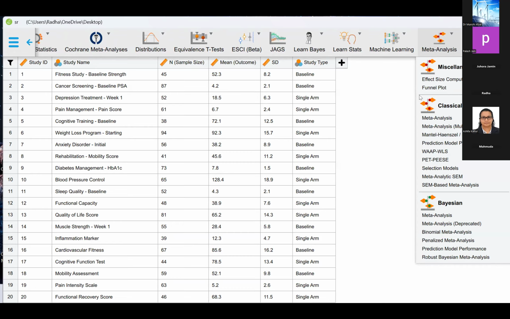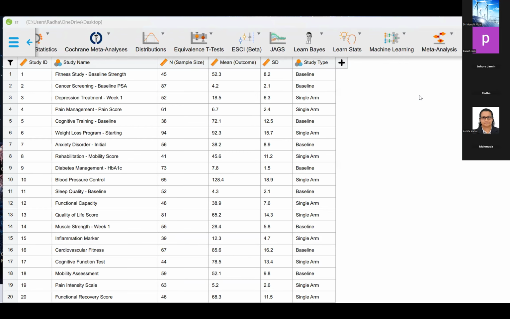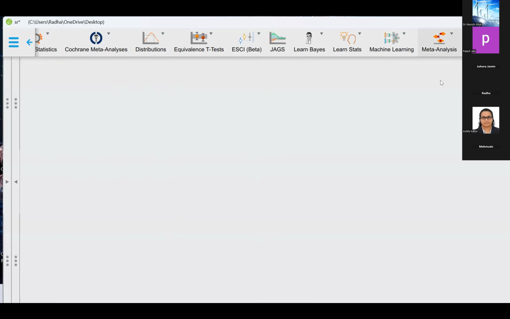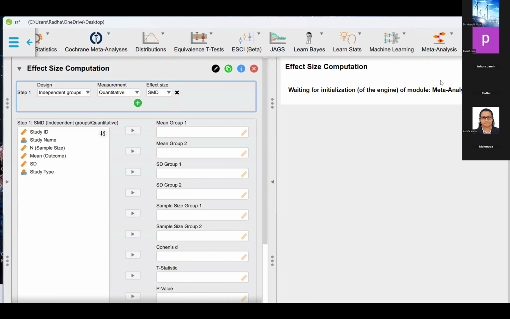In that case, you have a descriptive study column, right? And in that column, you may have a table. In that particular table, you can collect the mean value, the standard deviation value and the number of sample size, right? And we don't want to take the randomized control trial studies and all, no need, because we are not taking two different means. We are taking only one single mean.